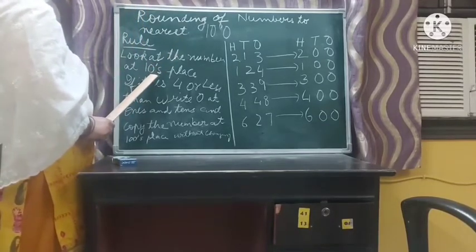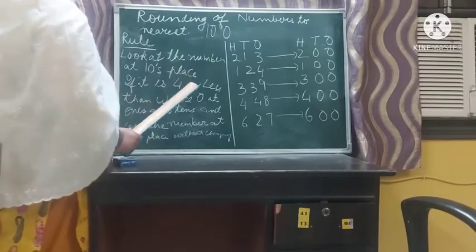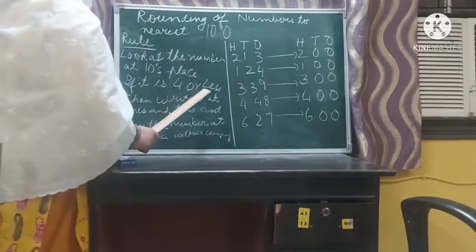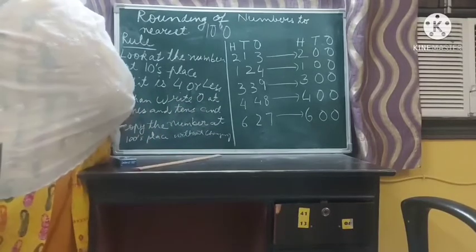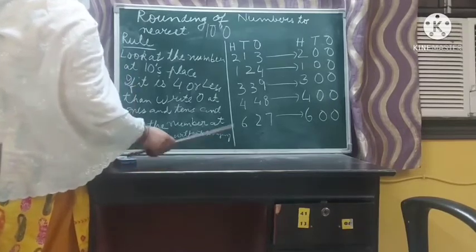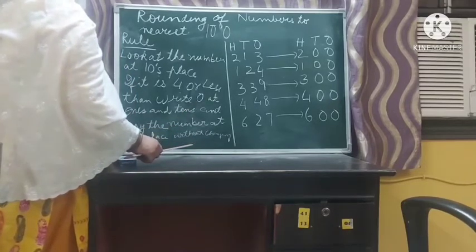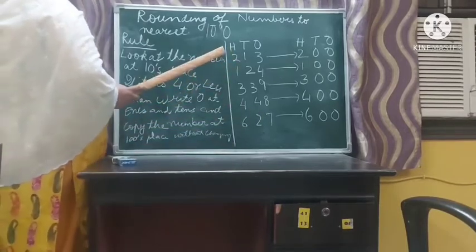Now we will look at the number at the tens place. And if the number at the tens place is 4 or less than 4, then we will write 0 at the tens place and at the ones place also, and copy the number at the 100 place without changing it. You can understand it with some examples.